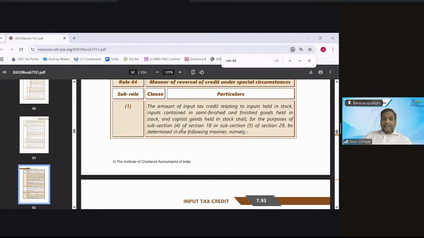Yes. Here we can say regular opt for composition or taxable become exempt supply. Correct. And what is the 29.5? Anybody who knows regarding the registration? Cancellation of registration.